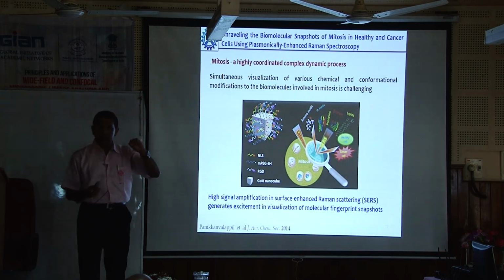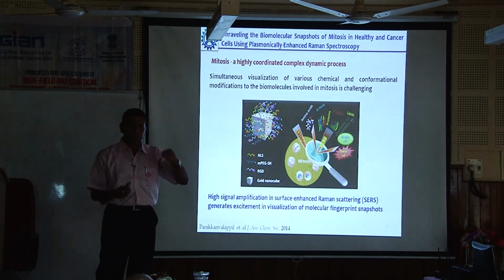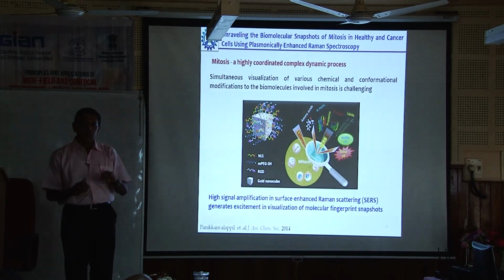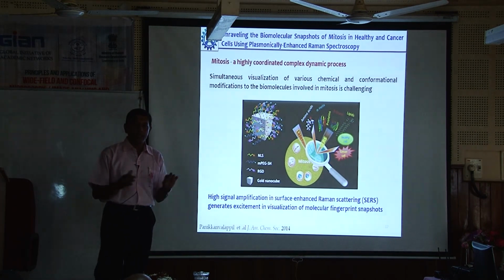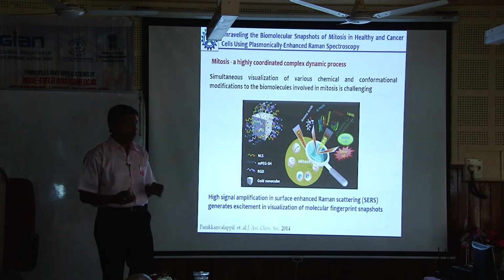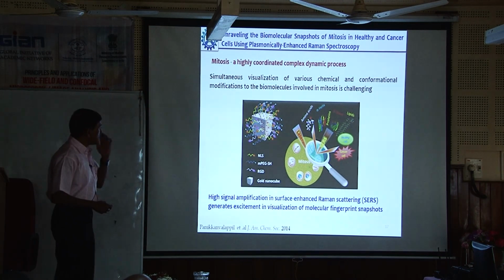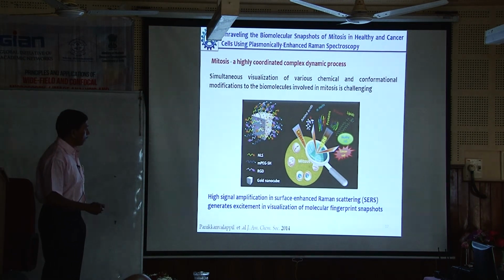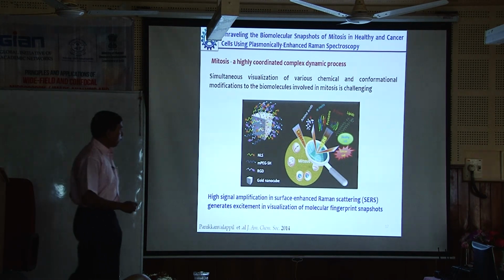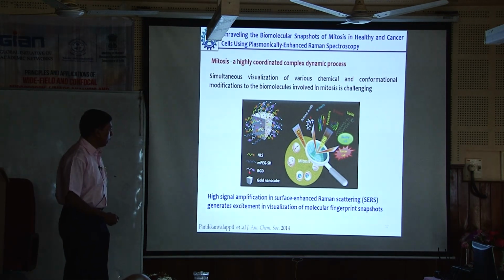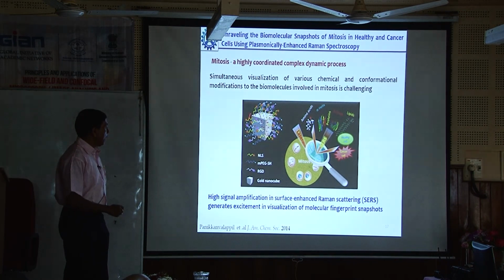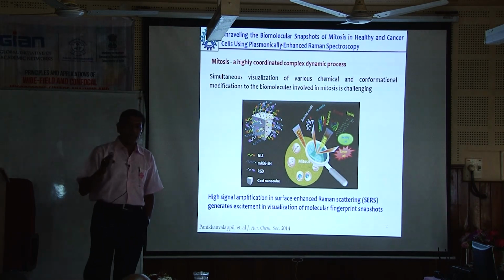If you use that localized temperature in a targeted way on cancer cells, then you can kill the cancer cells, and that is called photothermal therapy. Here, one of the finest examples, they are using gold nanocubes decorated with a targeting group like cyclic RGD, which they can use to kill the cancer cells in a targeted fashion.